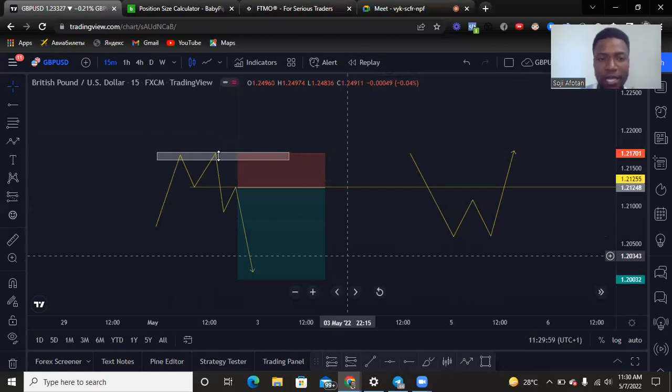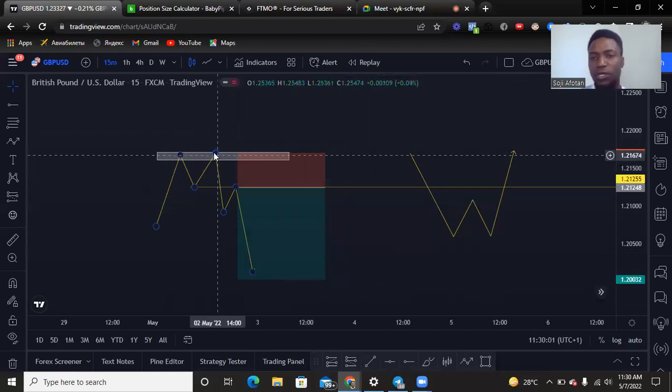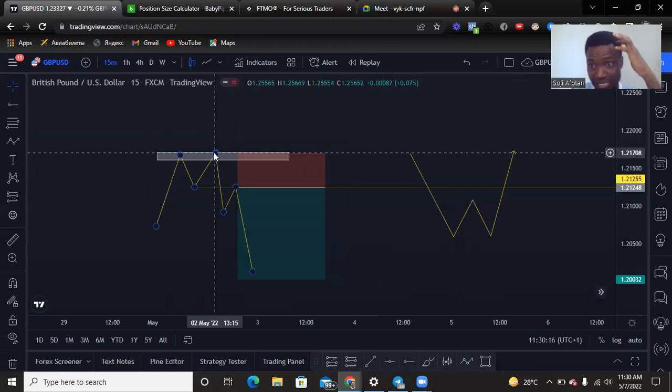You could take your entry around this point, but just know that at this point it's still a bit risky because no one can determine how the market will move. We are just acting based on the information we are getting from the charts. We are not predicting, we are reacting based on what we see. We want to read what the chart is saying, study the chart, get information from all the data on the chart, and then make our decisions.